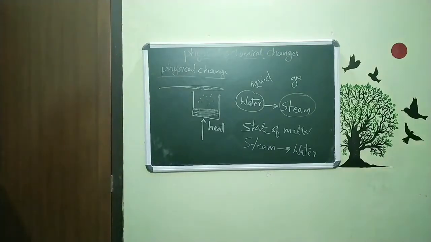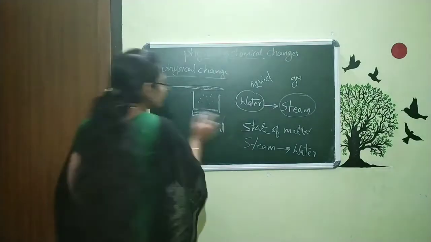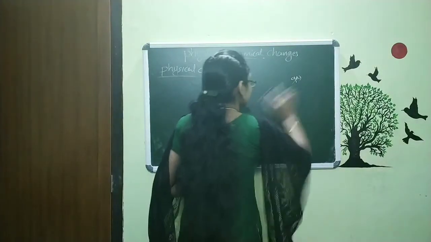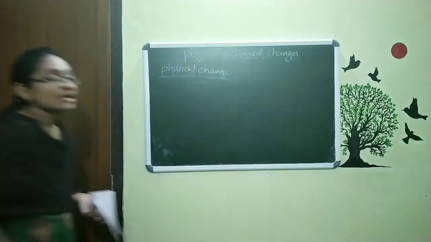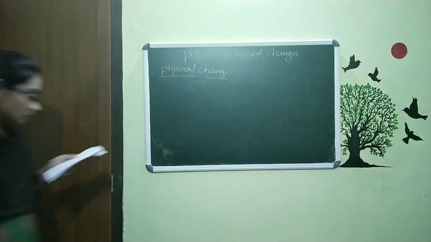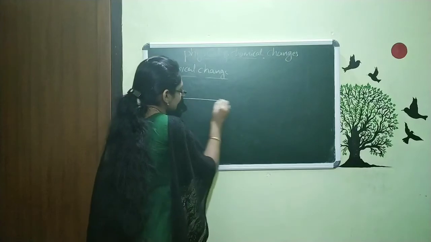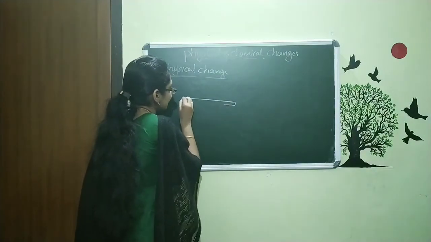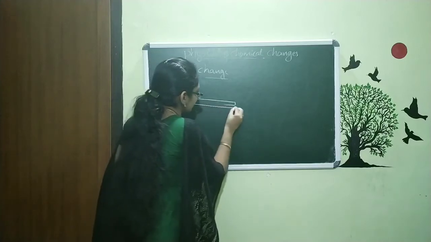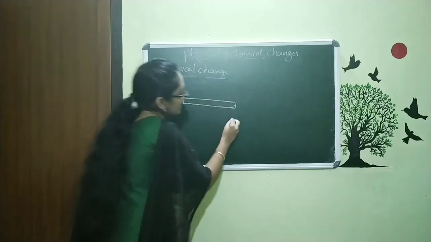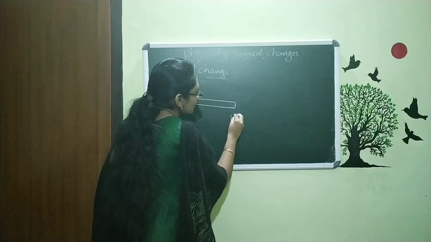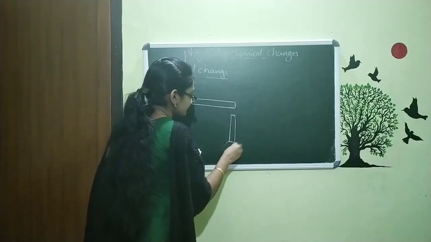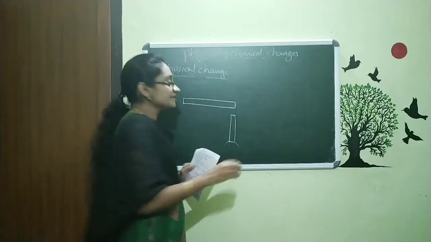Now the fifth activity that is mentioned in your textbook we are going to discuss. That is also very simple. We are just taking one hacksaw blade and then holding this near one burner. That means our aim is to heat this.